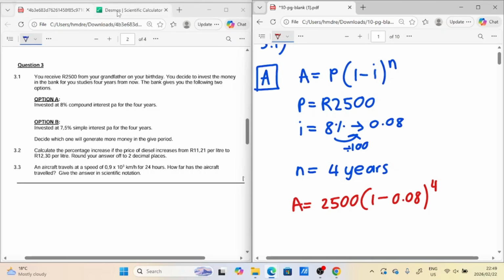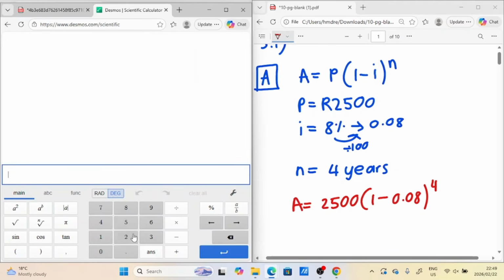We're going to put this into the calculator and see what we get for our final value. So 2,500, 1 minus 0.08, and this is all then to the power of 4.